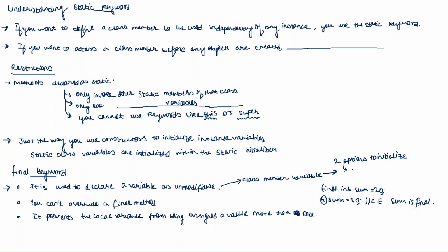The first option is to initialize on the fly, which is to initialize while declaring, which is also called dynamic initialization. And the other option is basically to use a constructor. So these are the two options when you make a class member variable final.